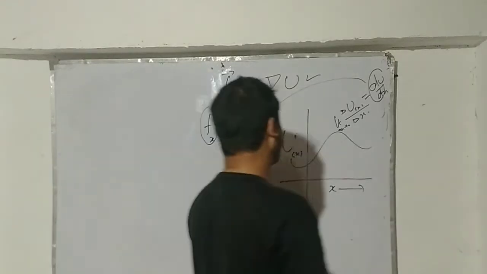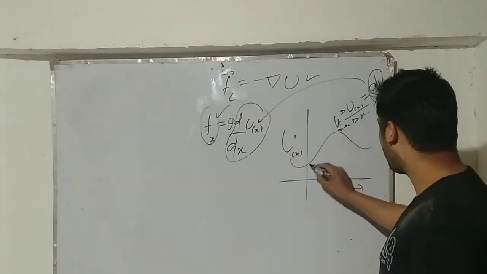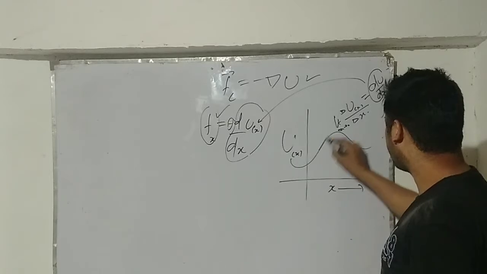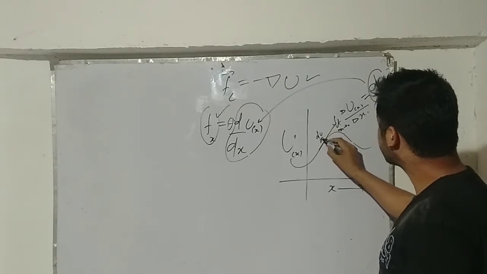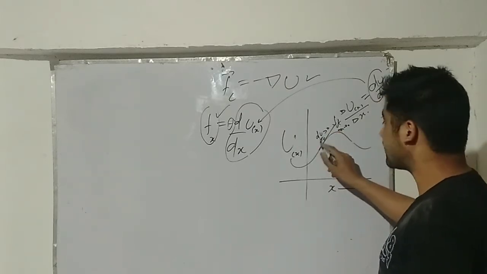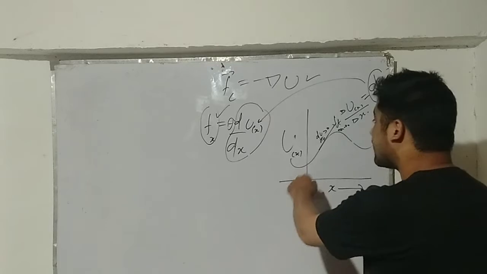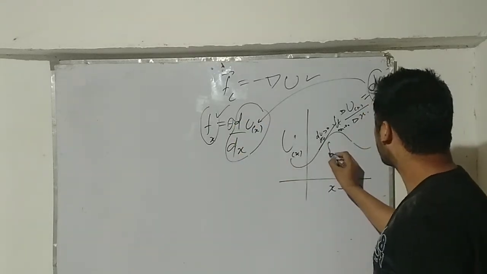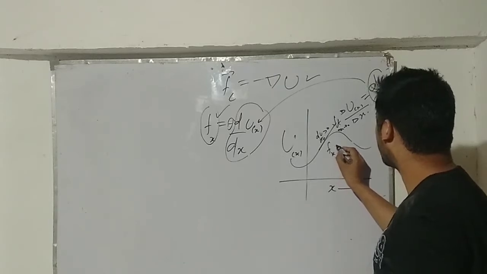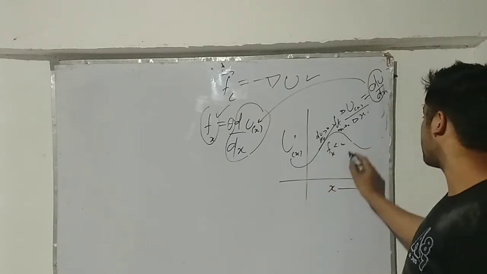Just like here, if I want to know the slope here, if I draw the tangent here, it means that my du by dx is positive here, because it's an increasing slope. At the same time, when my du by dx is positive, the force will be negative here.